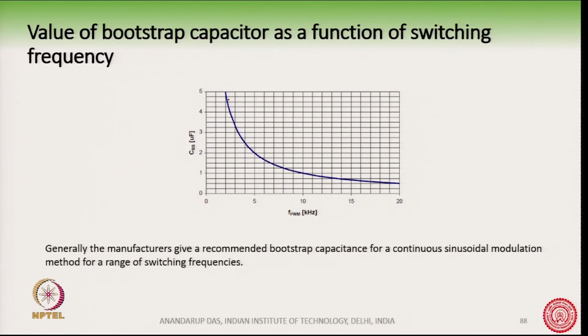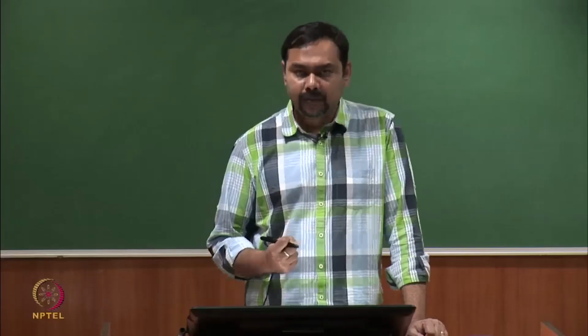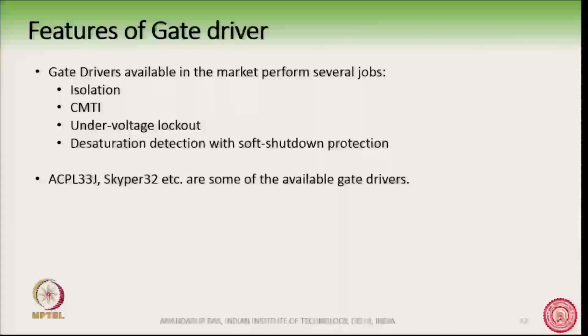If the PWM frequency is low, then you will need more bootstrap capacitance. Of course, that is needed because then you will have to hold the voltage for a longer duration of time. So, that is why your capacitance value will increase.